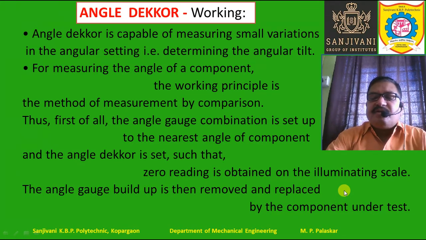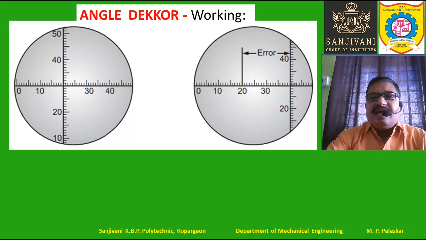So the angle gauge combination is replaced by the component under test, and then we find out the readings, we find out the error, we find out the change in the reading. Actually we find out the change in the point of intersection along the scale.